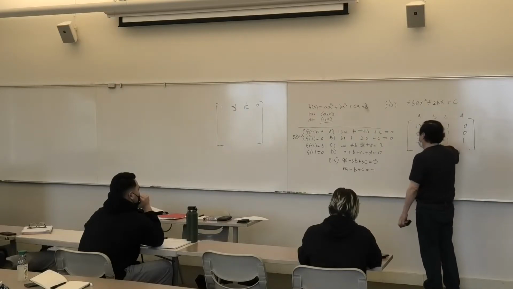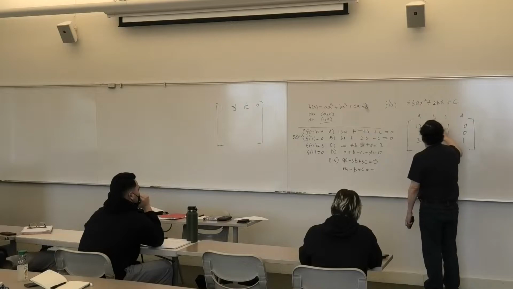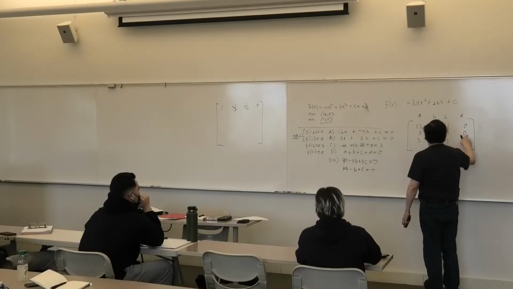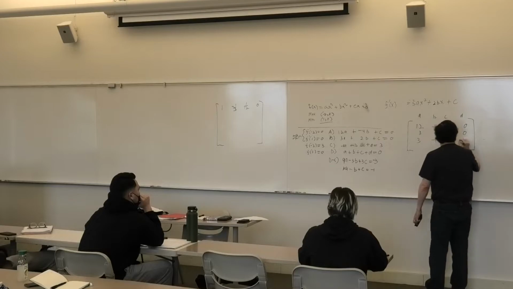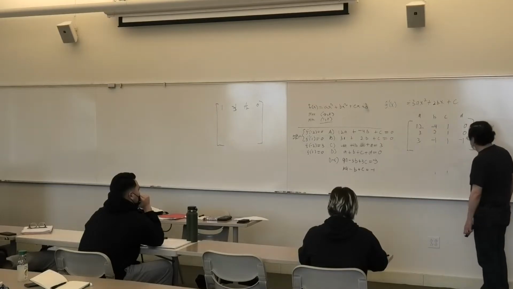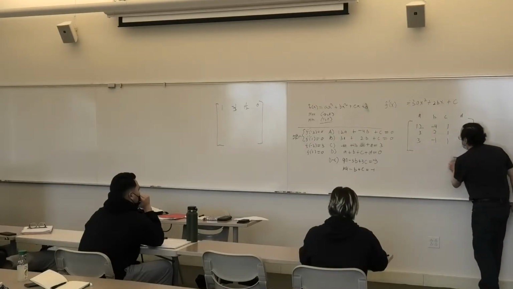So let me go back. 12 minus 4, 1, 0. 3, 2, 1, 0. 3 minus 1 plus 1. Okay, that was a mistake, probably.